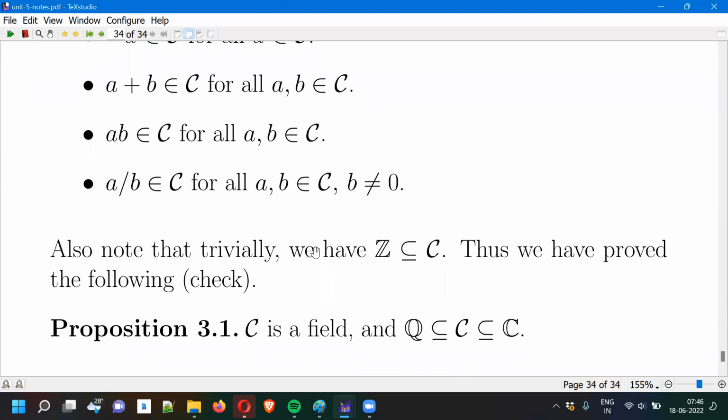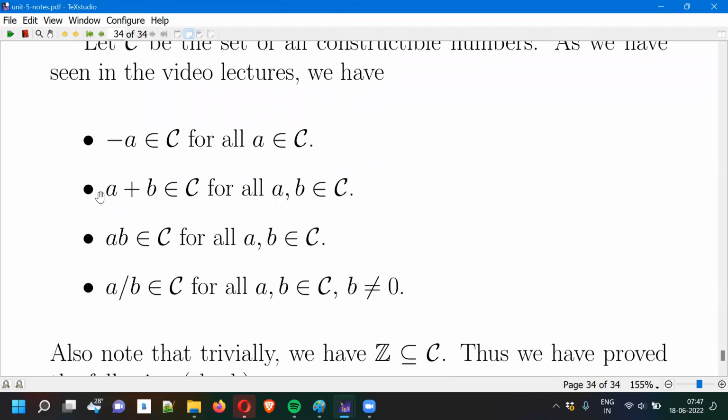So trivially, by what I said earlier, by marking points on the x and y axis, we clearly have that the set of all integers is constructible, because if you can mark unit length, you can mark any integer length by the same idea, by repetition. So integers are all constructible, and the set of constructible numbers is a field.